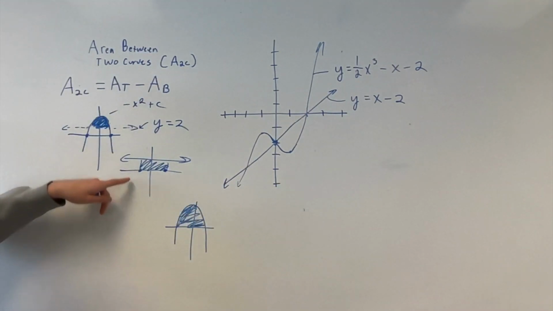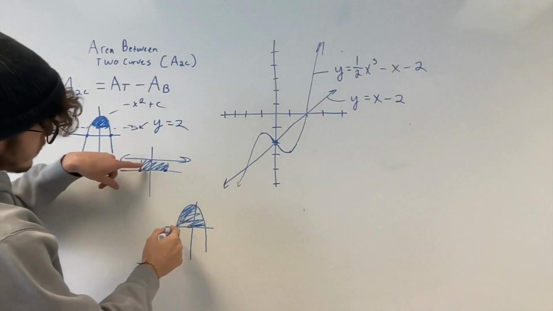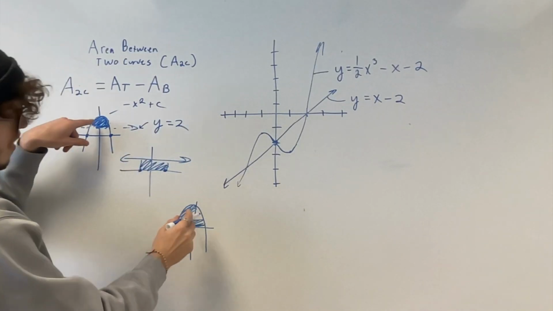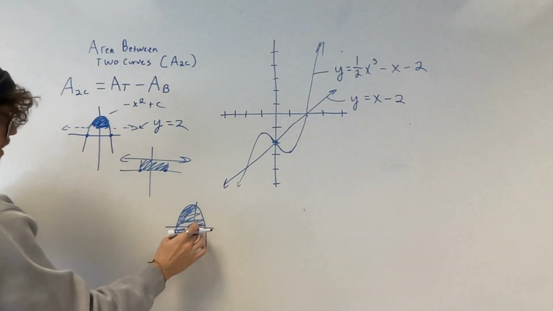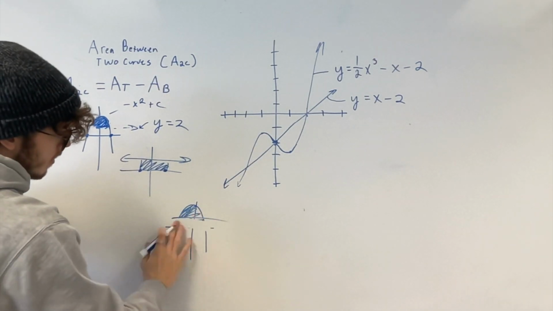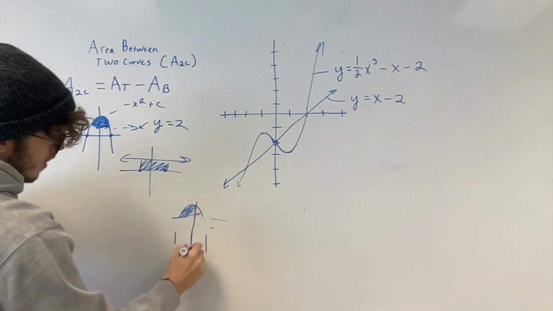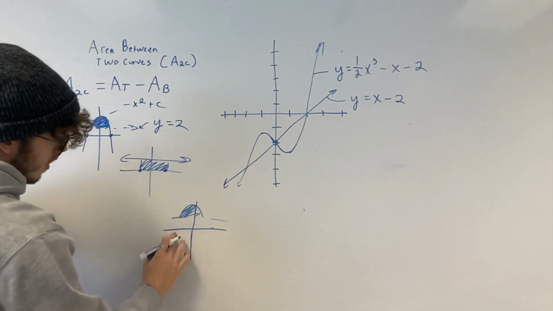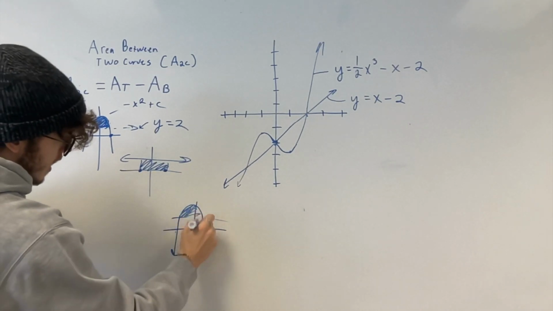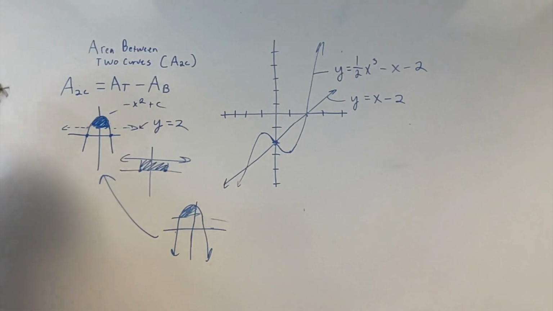If we have this section minus this section, we get our original section that we were looking to find. We just subtract it out, and we have the range we're trying to find. Quite simple.